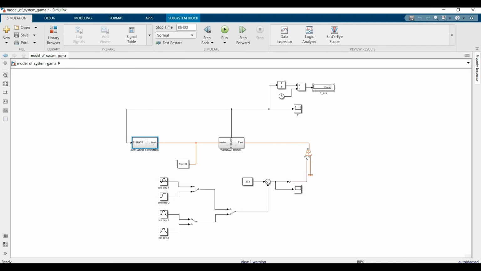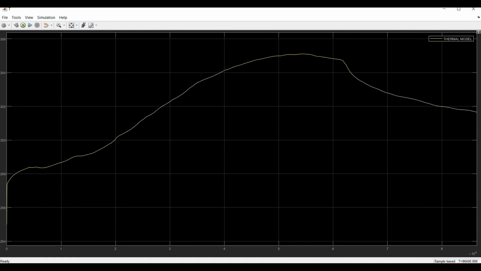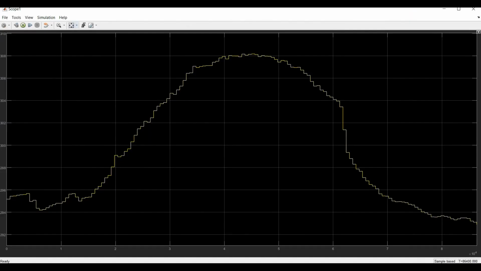We determined 298 Kelvin for the upper limit of temperature. The temperature variation is this for the space, and for external temperature variation we have this.